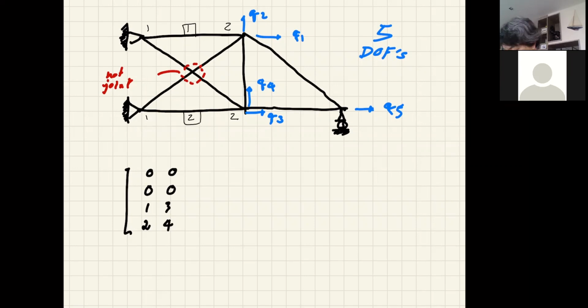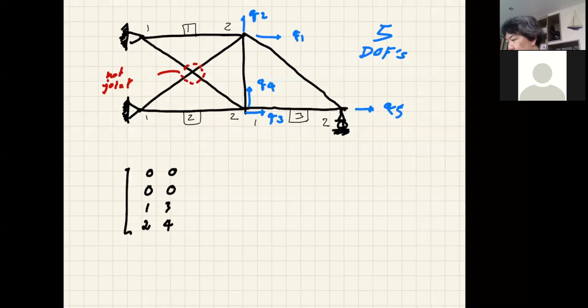And let's move on and locate member number 3. Let's call this one member number 3. I'm going to use the same local destination for member number 3 so that we have an easier option when we are writing the stiffness matrices. So let's use this 1, 2 as well.